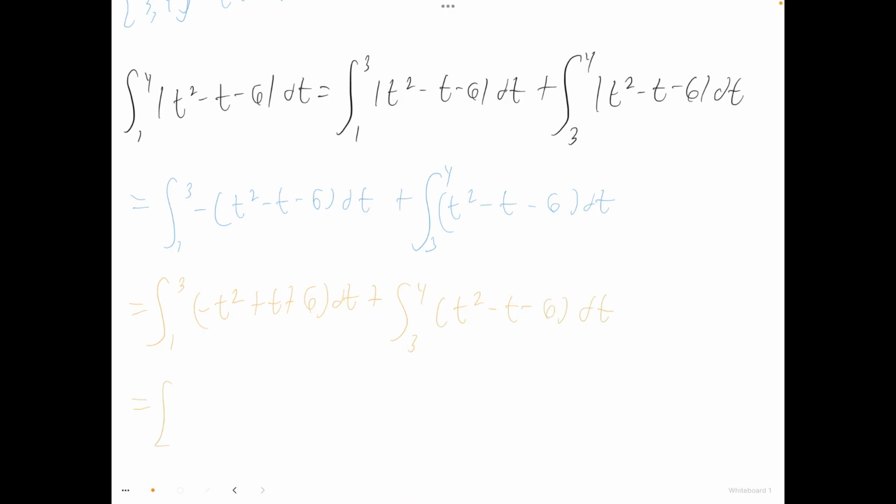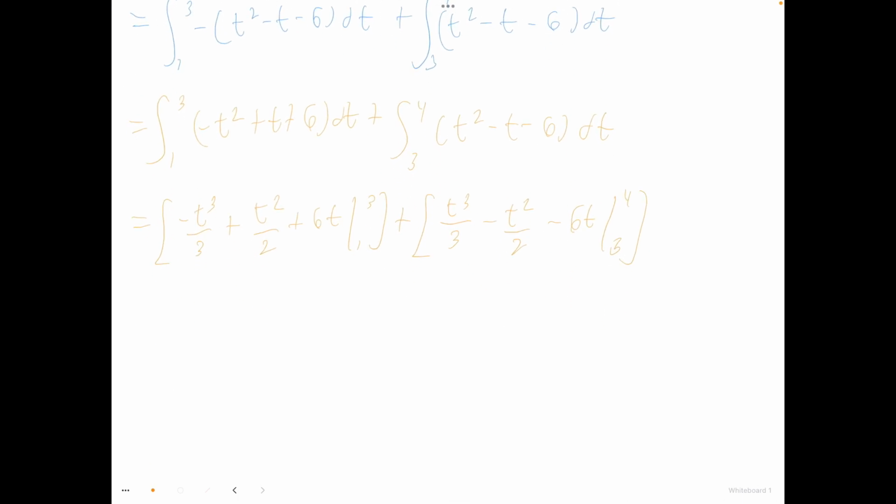Now, taking antiderivatives, we get negative t cubed over 3 plus t squared over 2 plus 6t from 1 to 3, and plus t cubed over 3 minus t squared over 2 minus 6t from 3 to 4.